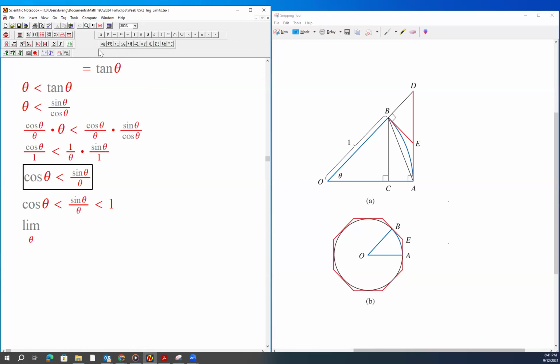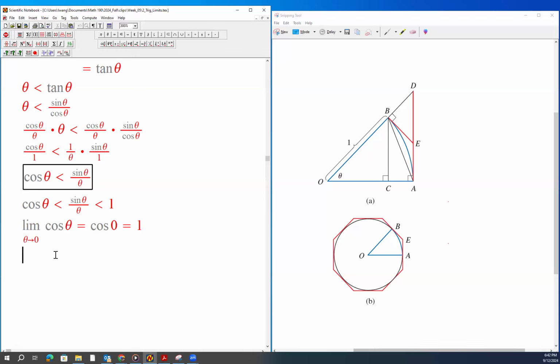We take theta approaching 0 on cosine theta, and that's a direct substitution. Cosine 0 equals 1, and the limit of 1 is of course still 1.